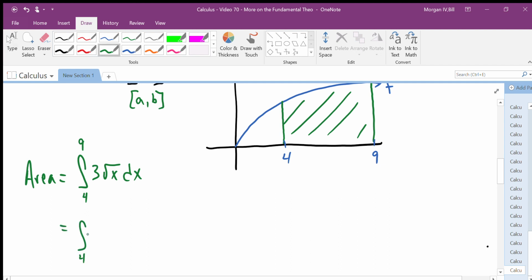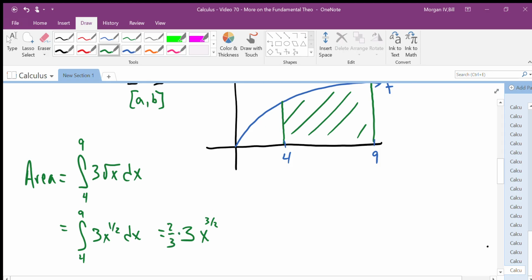I think it's easiest to rewrite this as 3x to the 1/2 dx. Now we'll undo the power rule by adding 1 to the exponent and dividing by our new exponent. So this is 3x to the 3/2 divided by 3/2, which is like multiplying by 2/3.